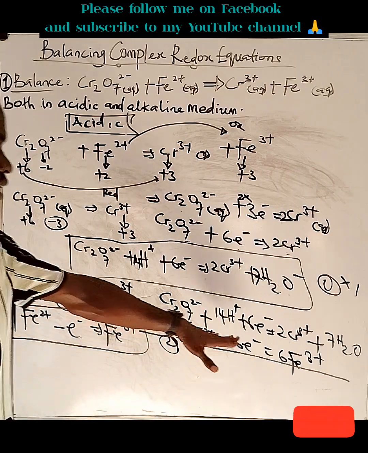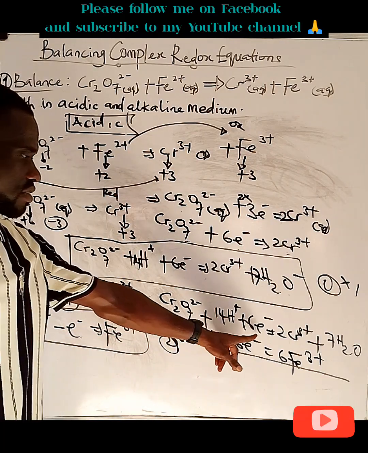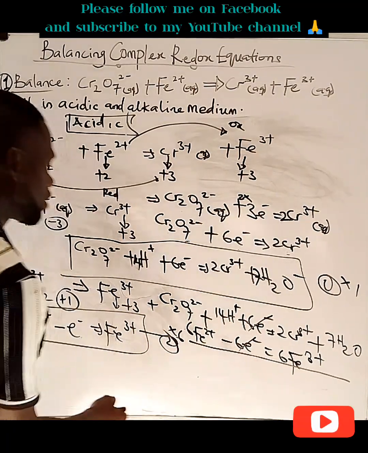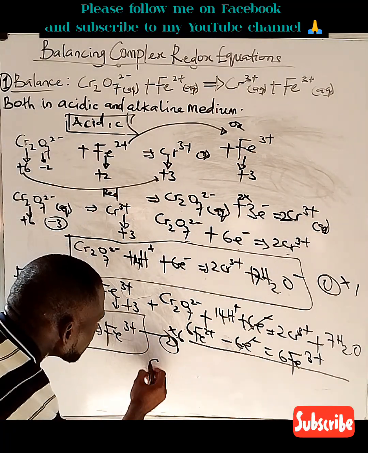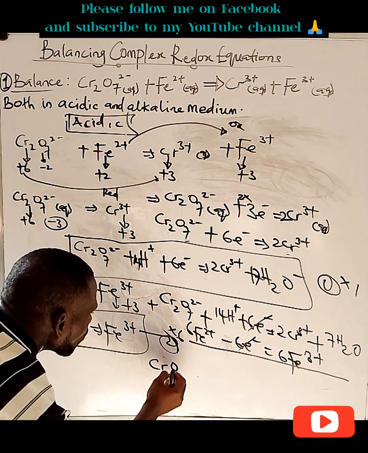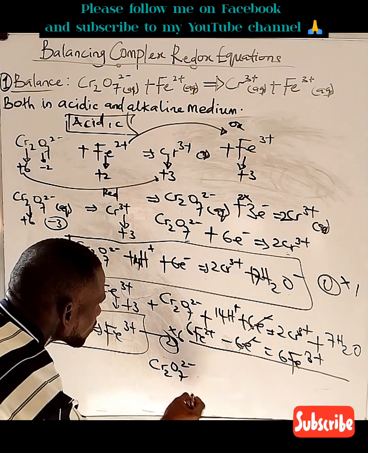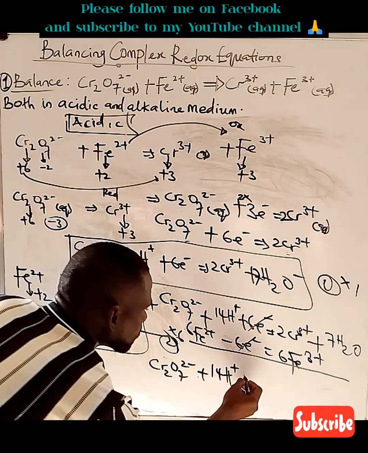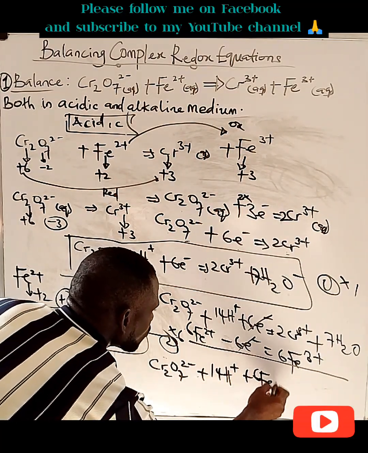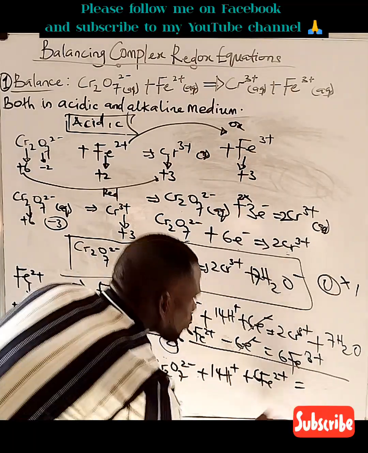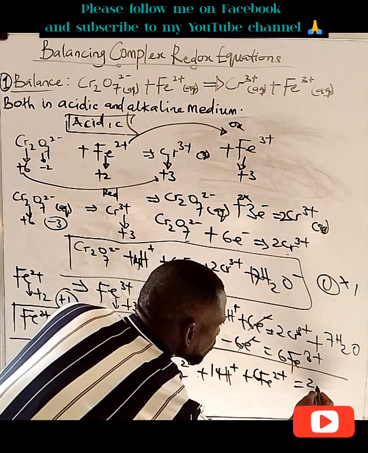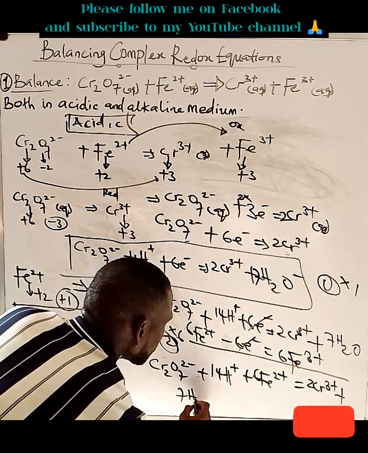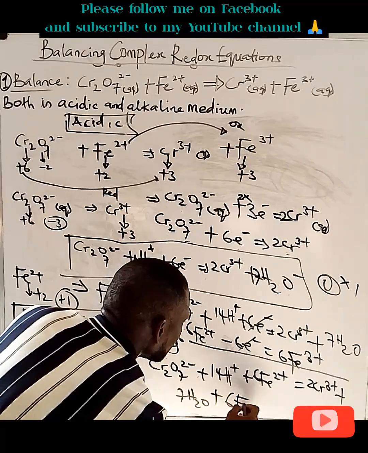We just use the elimination method. So 6 electrons plus 6 electrons minus 6 electrons, we're going to add them together to eliminate those electrons. So we end up having Cr2O7 2-, plus 14 hydrogen ions, plus 6Fe2+, equals 2Cr3+ plus 7H2O, plus 6Fe3+.